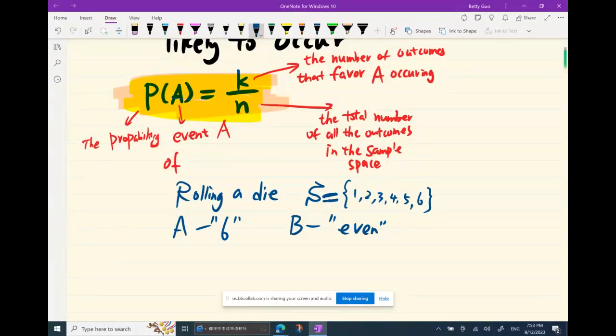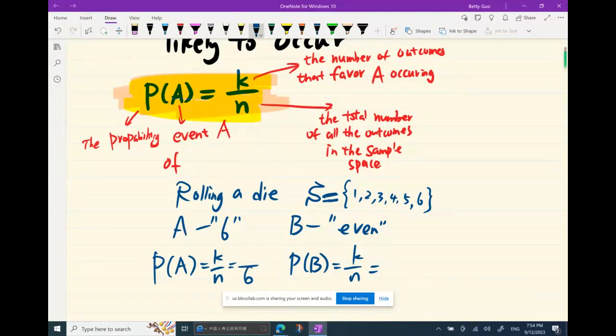Let's see how we get there. P of A, P of B. For P of A, the denominator is the total number of outcomes in the sample space, or the sample space size. It has 6 outcomes, so 6.